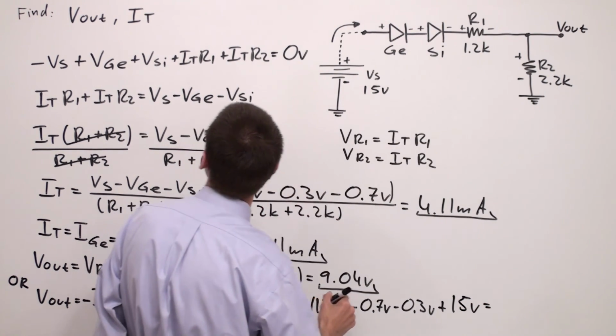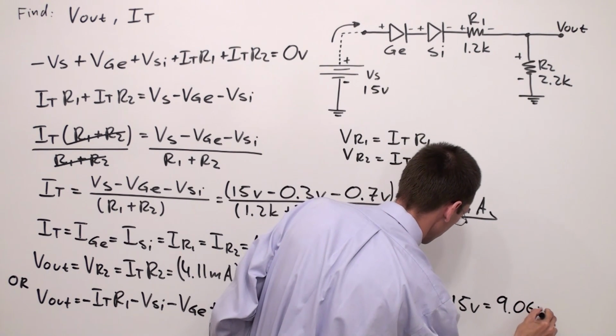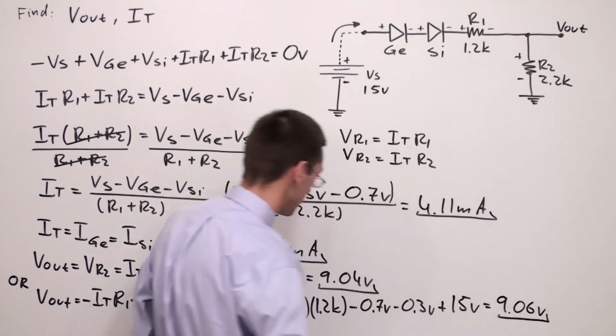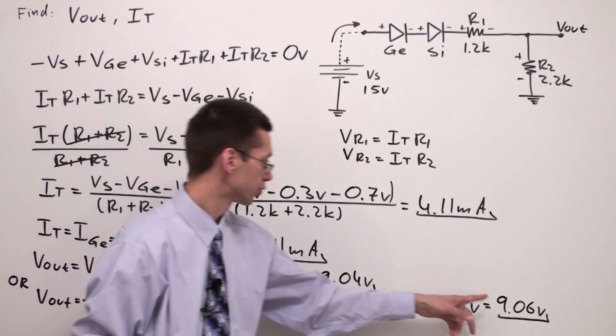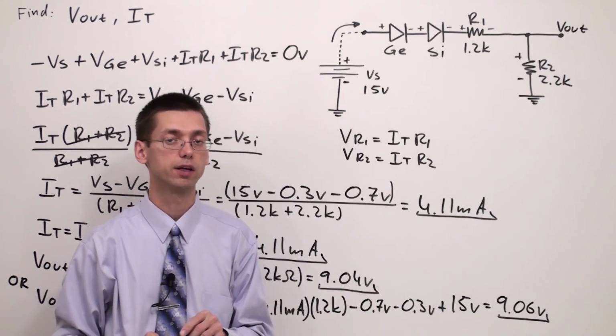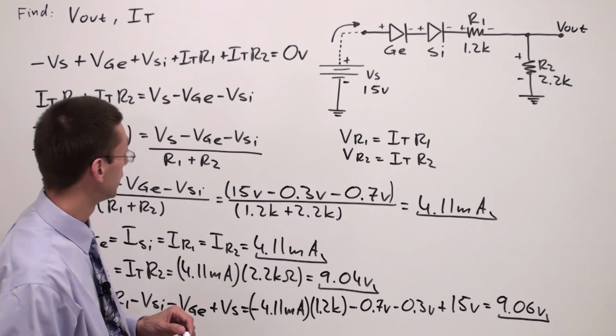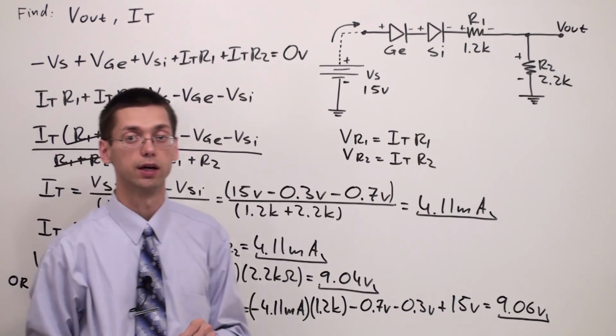Everything is equal to 9.06 volts. Please notice that these two values are very close to each other. They're supposed to be equal or very close to each other. So it means that we solved the problem and all our answers are correct.